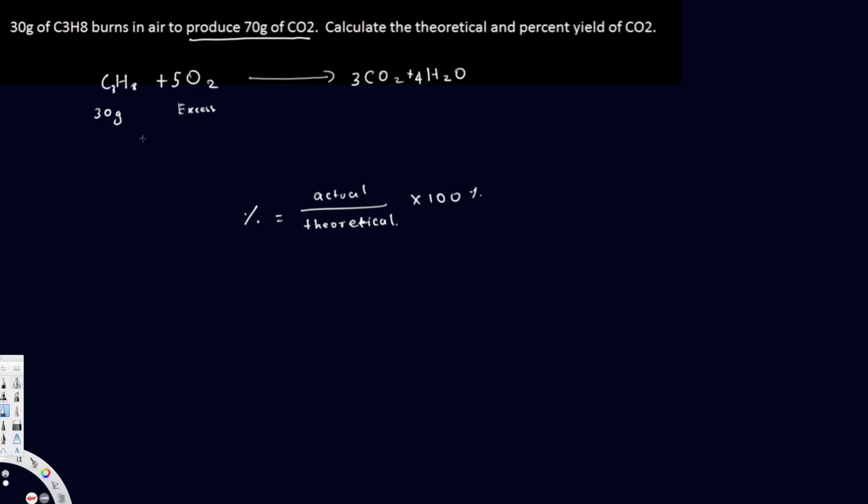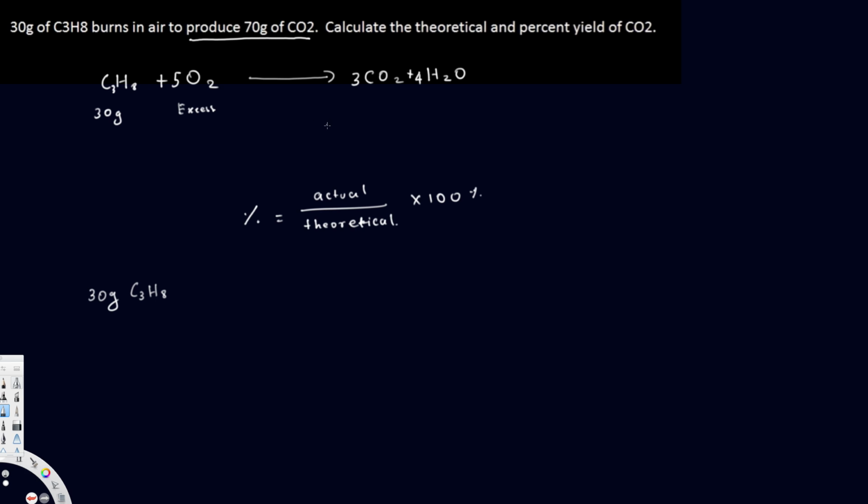So let's try to find the theoretical yield. To find that one, I use C3H8, this information right here. They have given 30 gram of C3H8. So we have to know how much CO2 this C3H8 will produce.